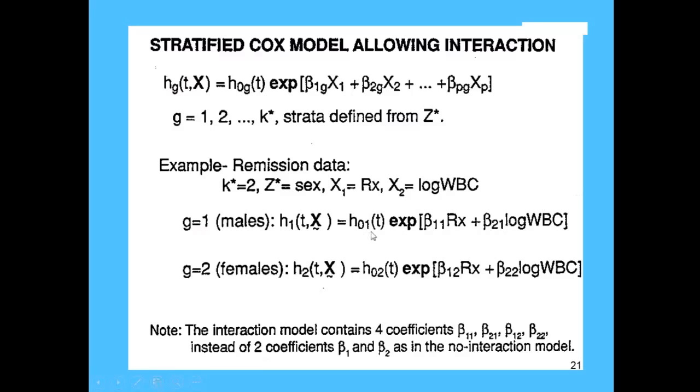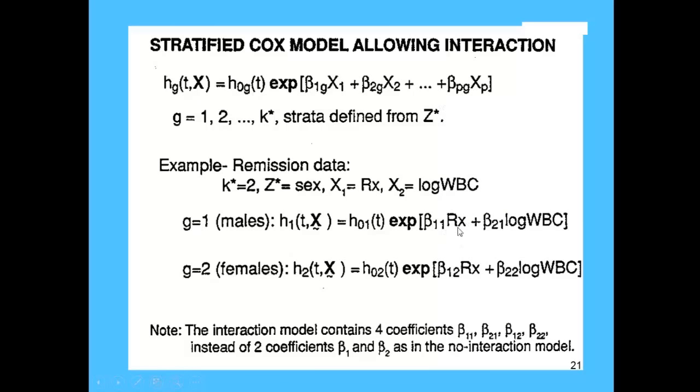Again, it's h01 of t and h02 of t. Now it's beta 1,1 when g is 1, and beta 1,2 when g is equal to 2. So these two betas for the treatment are different now. They're not the same because it's an interaction model. And the two betas for the log white blood cell count are different because we're talking about a different coefficient depending on whether you're male or female, depending on which stratum you're in.